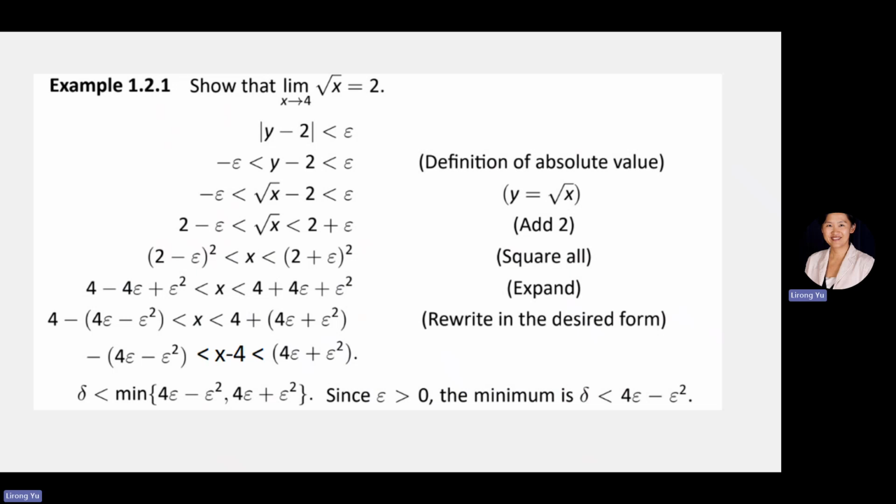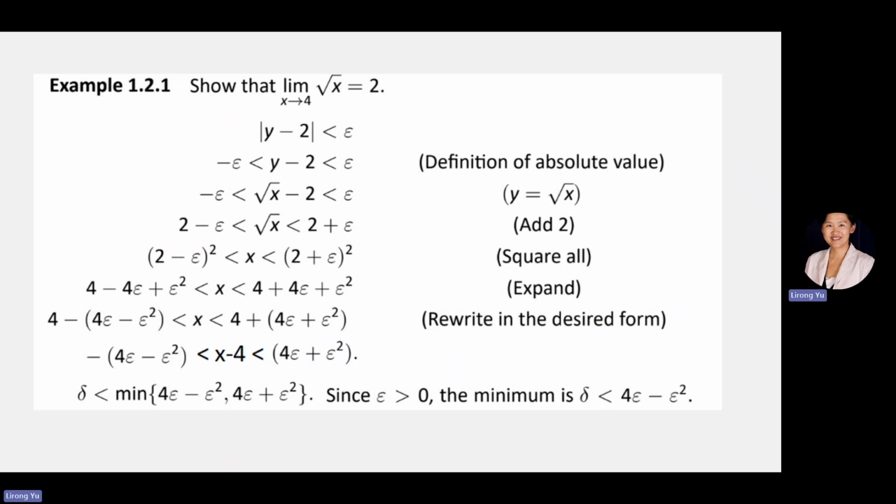So you start with, say, root of x minus 2 less than epsilon. Root of x minus 2 is less than epsilon and bigger than negative epsilon. Then you add 2 to all three: plus 2 here cancels the 2, and plus 2 plus epsilon.